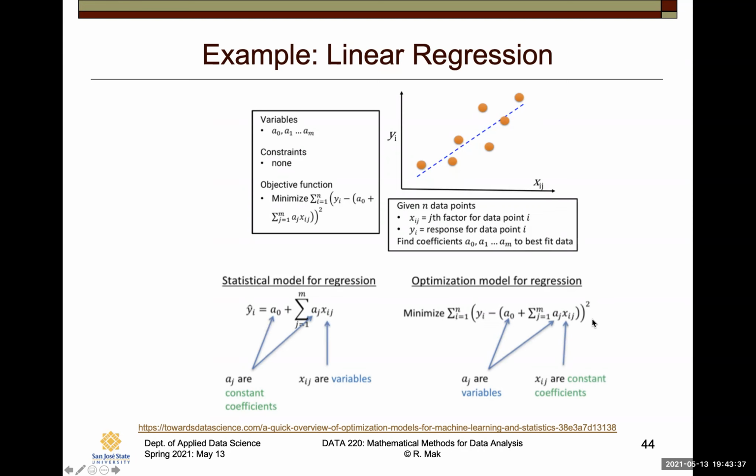So this is a simple example of minimizing a function. We're trying to minimize the sum of the squares of the differences between the predicted values and the actual values. And so we're trying to find the coefficients, these a0s in the regression equation, that will minimize that function. This is the cost function. Any questions?